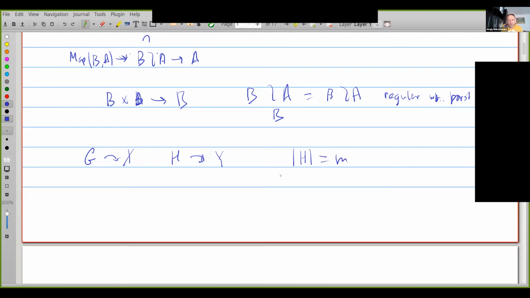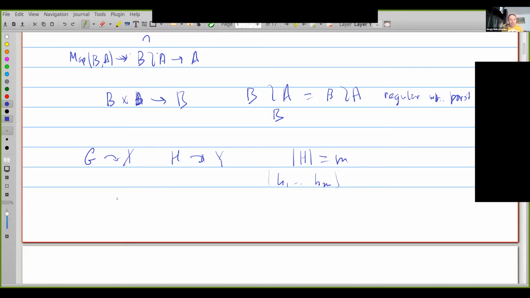I can enumerate all elements of H by numbers from 1 to m, so the group contains just m elements.